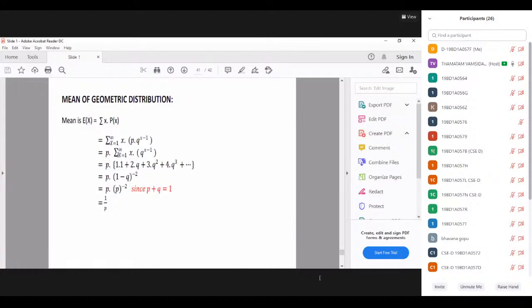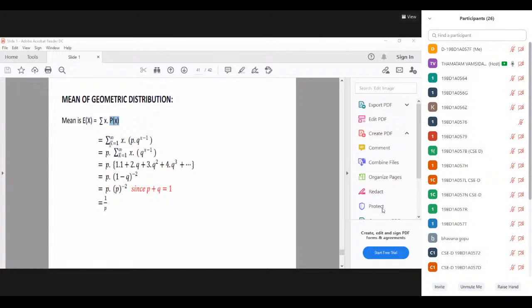All of you know the formulas, right? Just I'm using the basic concept to find the mean. Expectation of x equals summation x into p of x. Here the probability function p of x follows the geometric distribution we just discussed, p of x is p into q power x minus 1, or r minus 1. We have to substitute that in this.